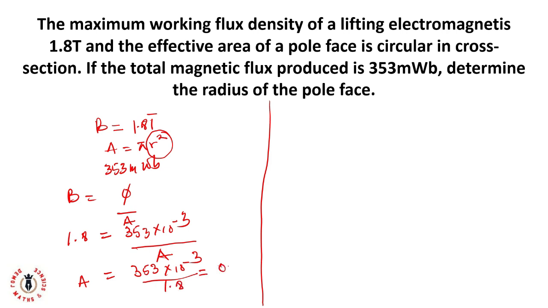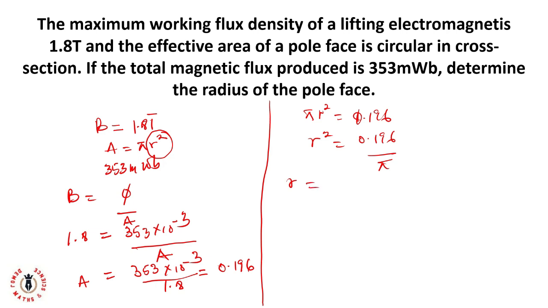That's the same thing as 0.196. Now, if area A is equal to 0.196, that tells me that pi r squared is equal to 0.196.